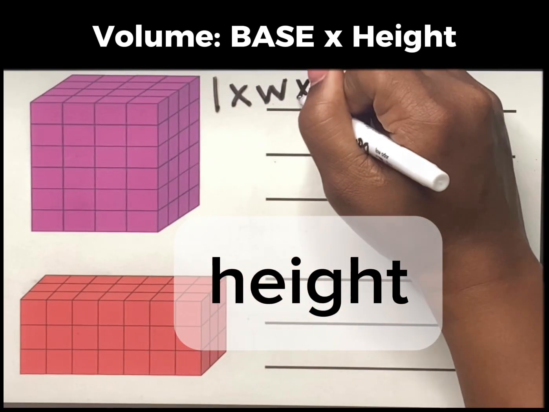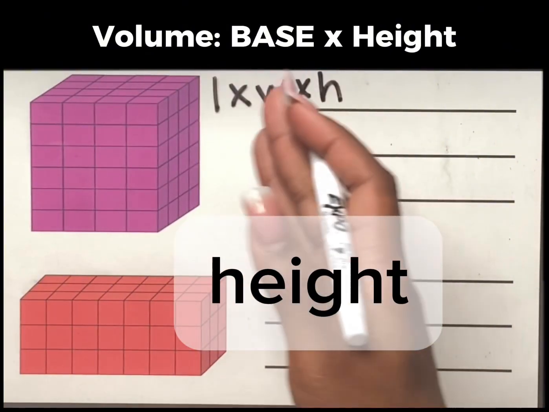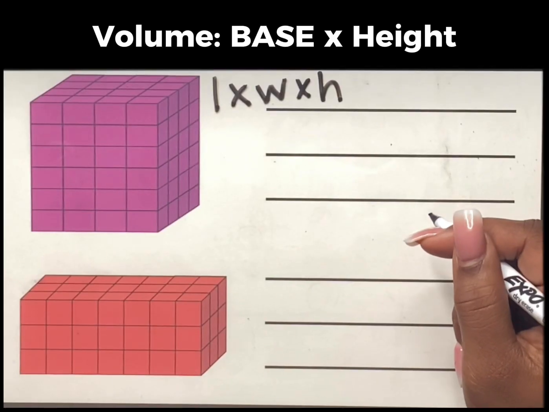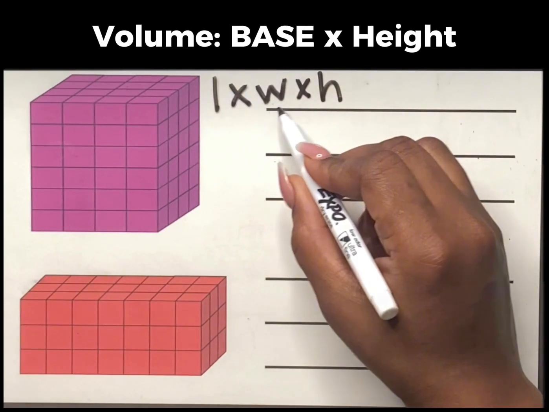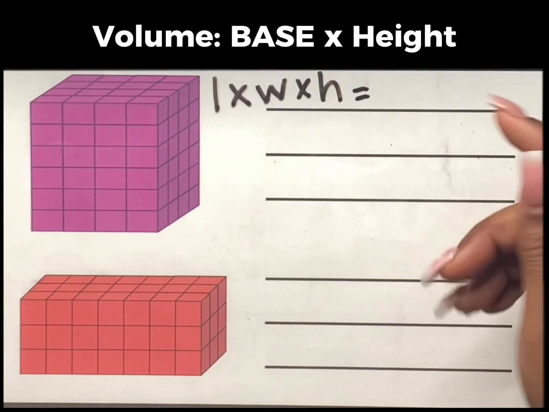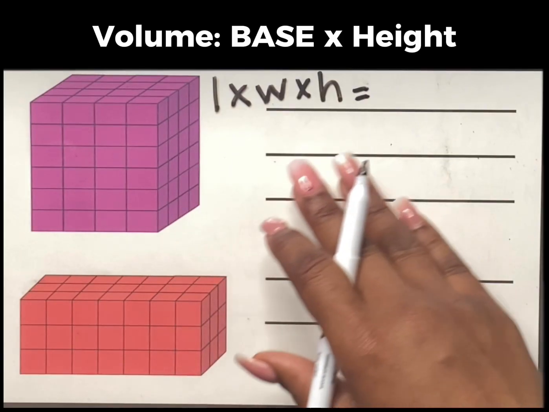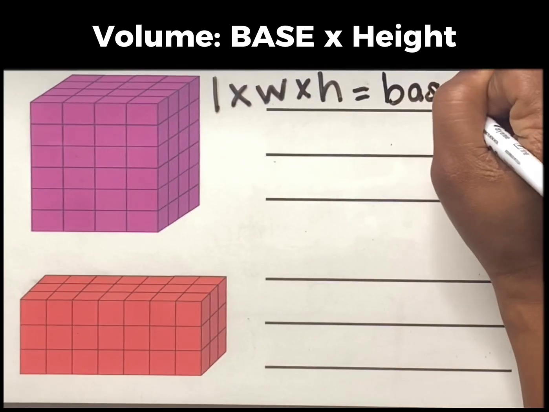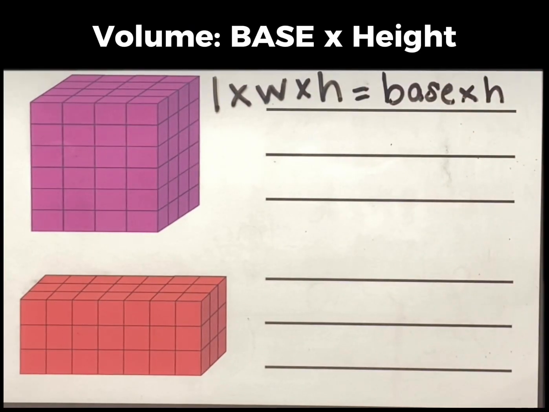The height is the number of layers in your figure, in your rectangular prism. If you notice, length times width times height is the same formula that we learned when we previously studied volume. So base times height, it's just another way to find volume.